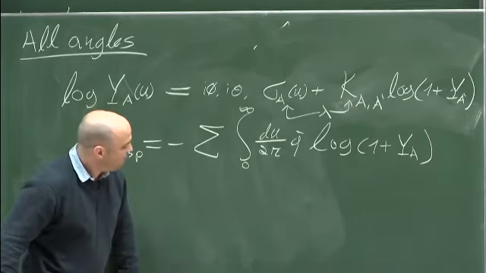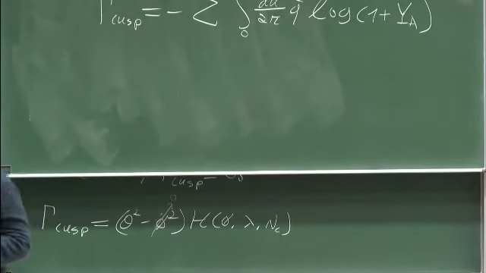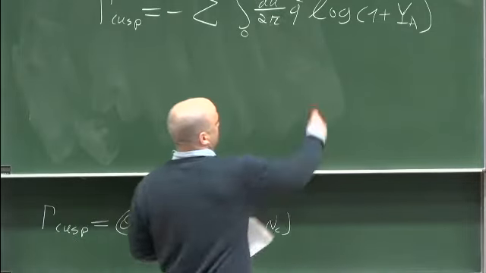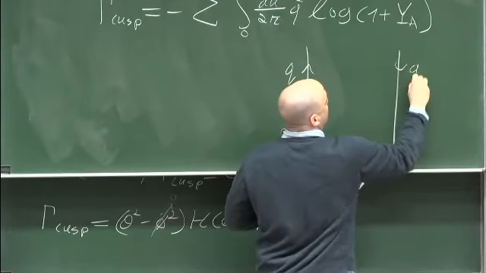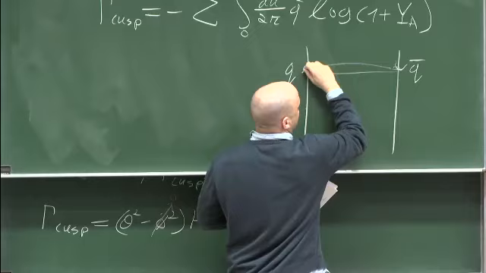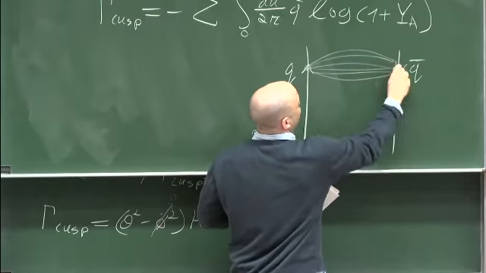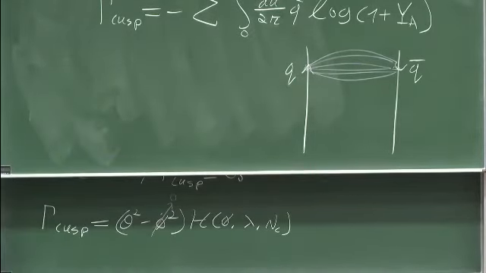Now, this set of equations under some analytic continuation turns out to compute not only the potential between the quark and an anti-quark. We have here this pair of quark and anti-quark, but this quark and anti-quark creates some color flux in between them, and this gamma cusp is just the energy of this color flux.